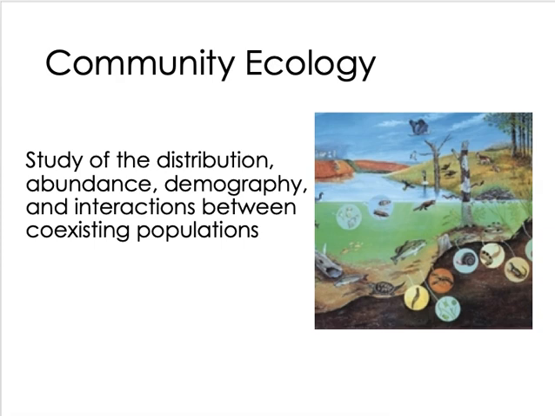Most probably this is the structure. However, we cannot deny that these plants and animal species are also interacting with each other. So it's not just the components of the ecological community within a specific geographical range, but also the interaction between these organisms that is included in community ecology.